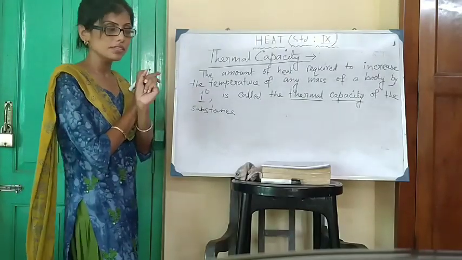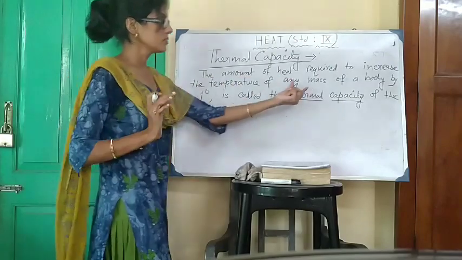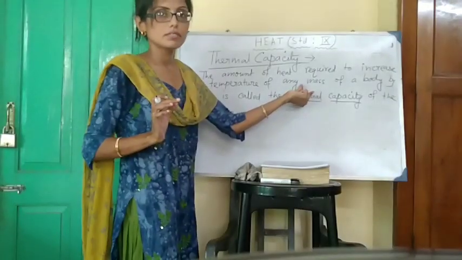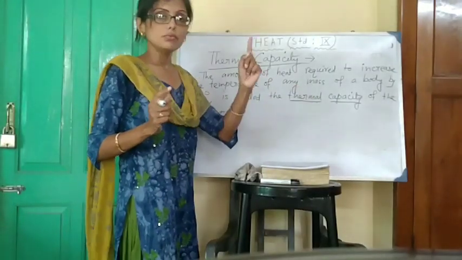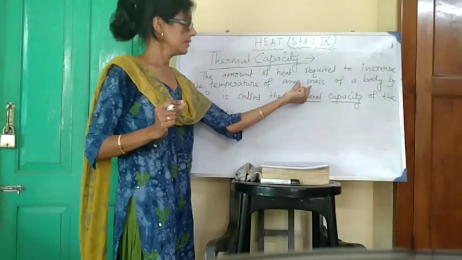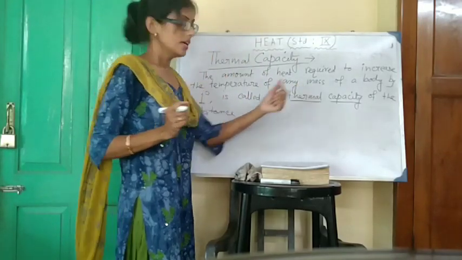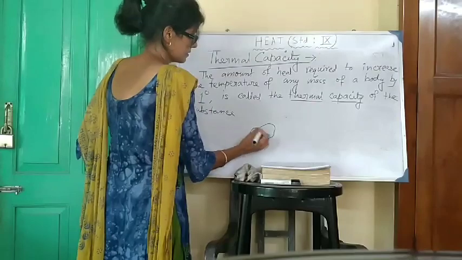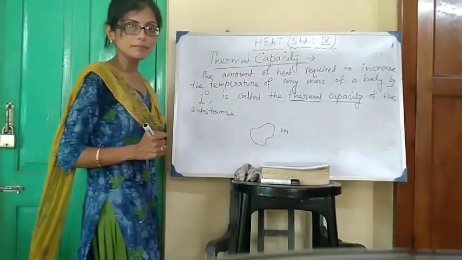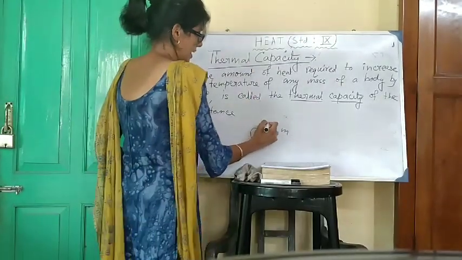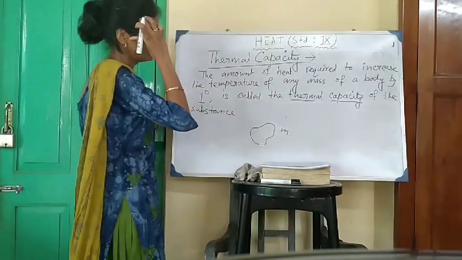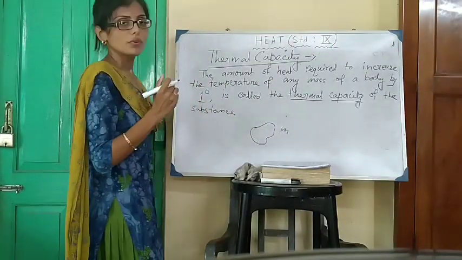What is the difference between thermal capacity and specific heat? In the definition of specific heat, it is not any mass, it is not the arbitrary mass. There the mass is unit, meaning 1 gram or 1 kg, but here the mass is arbitrary, m. Suppose m mass of a body is taken, and we are increasing the temperature by 1 degree.